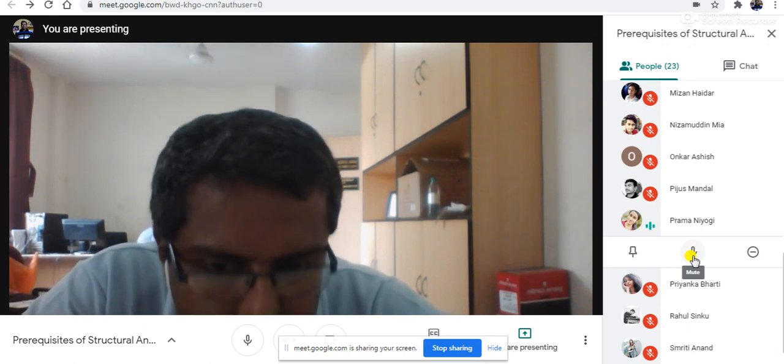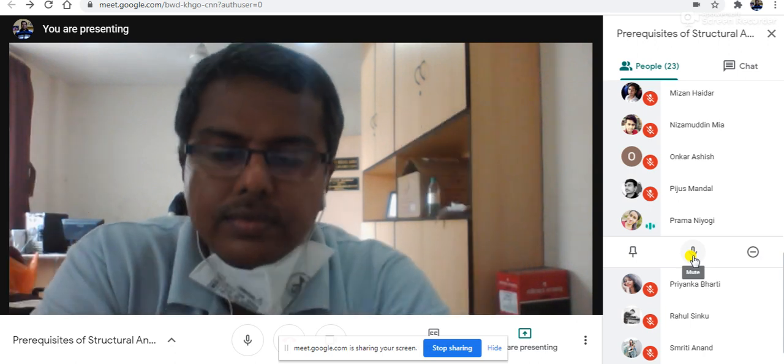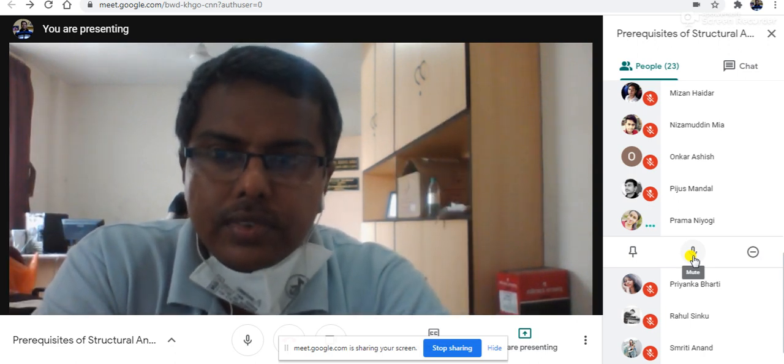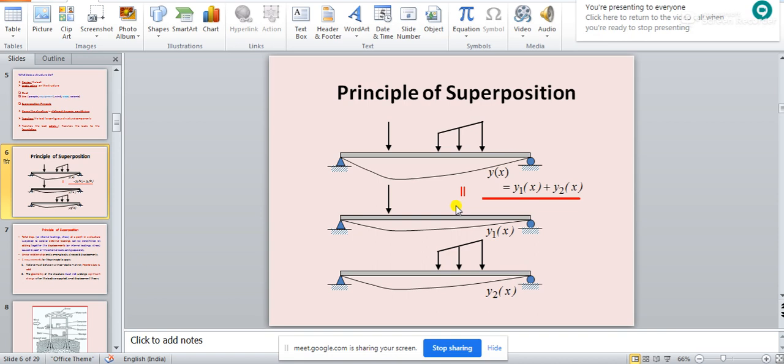Sir, when in a structure several forces are acting, then the total force is equal to the summation of all the forces which are acting on that structure. Yes, it's not exactly all the forces acting, you should not say that. Obviously total forces will always be the summation of all forces. You should say deformation or the reactions or the internal forces being created by the external forces.